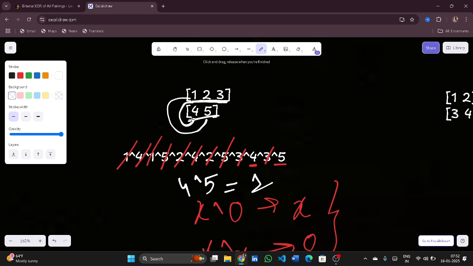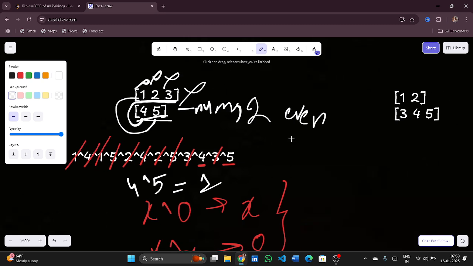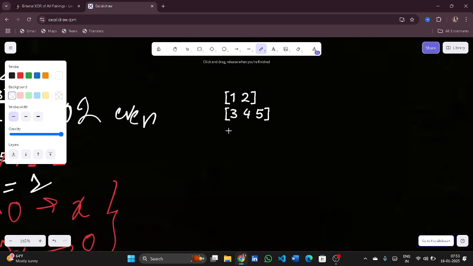So for these two times you have cancelled 1 and also 2 and also 3. So the first thing which came to my mind is that if the size of nums2 is even, then this will be cancelled out. Then nums1 will be cancelled out. That's it.